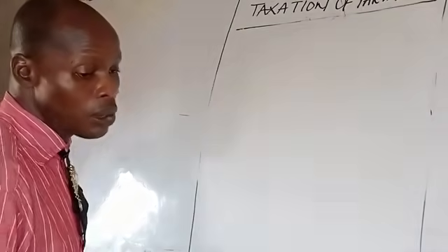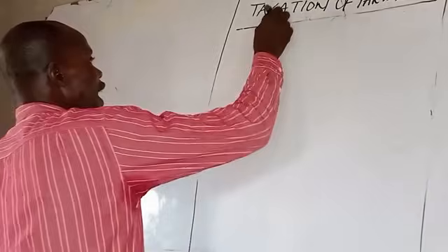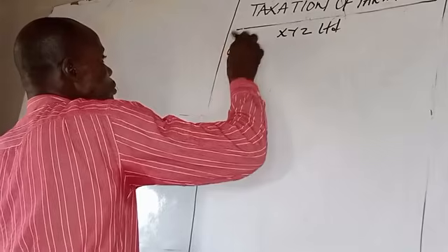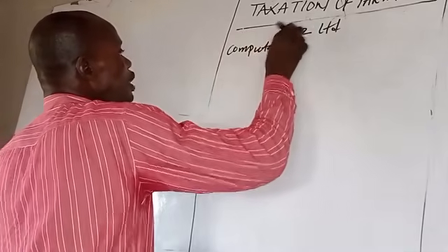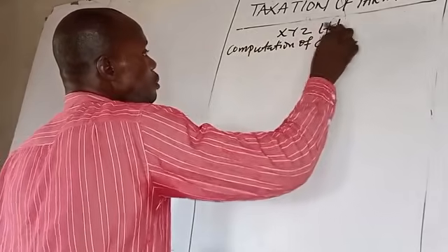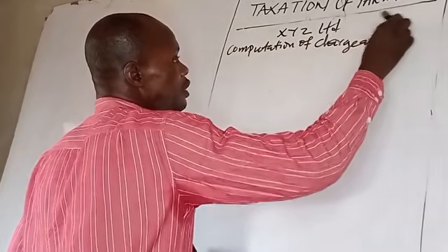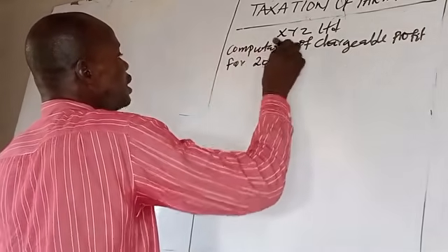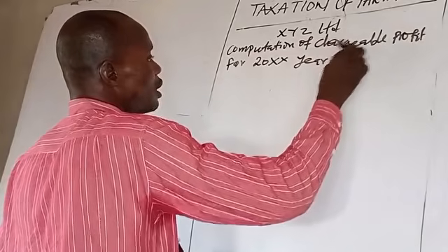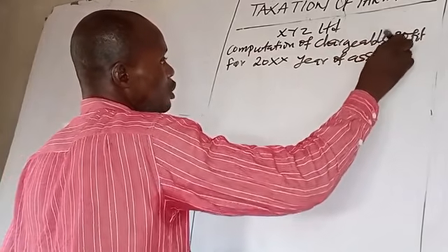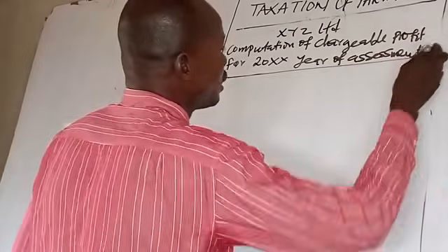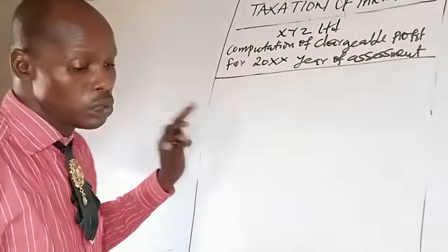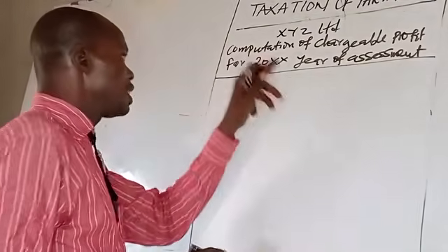Now, computation of chargeable profit, XYZ Limited, computation of chargeable profits for 20XX year of assessment. You should avoid putting relevant year. Examiners in their questions will put relevant year, but for your purpose, you don't need to put relevant year. You have to state your year of assessment.